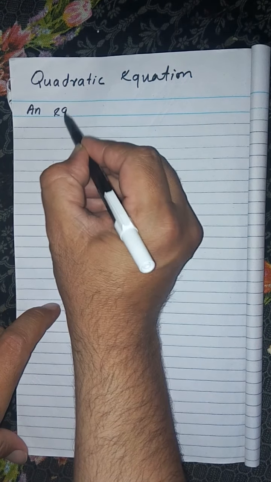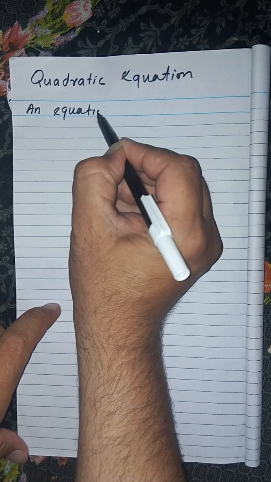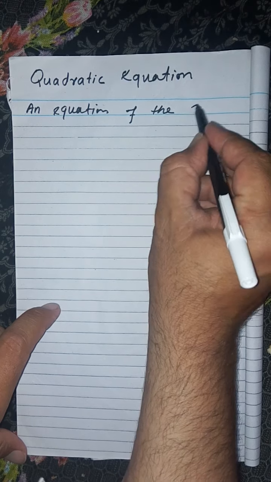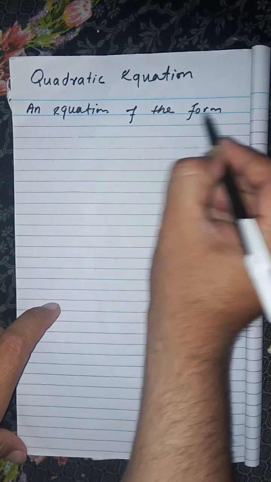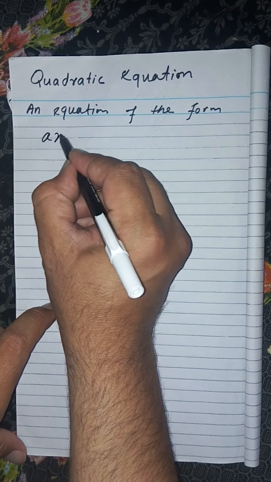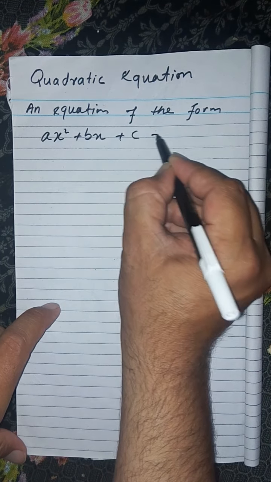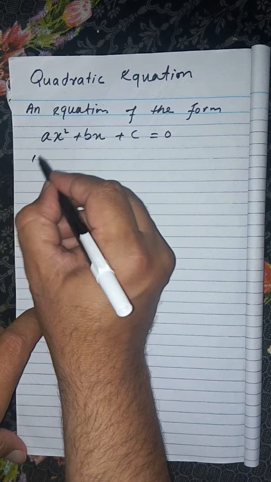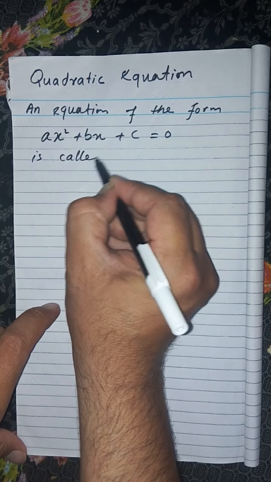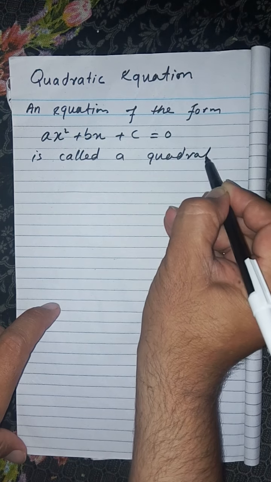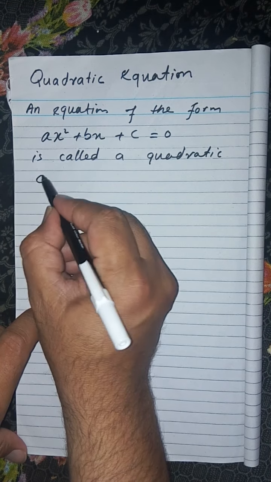An equation of the form ax square plus bx plus c is equal to 0 is called a quadratic equation.